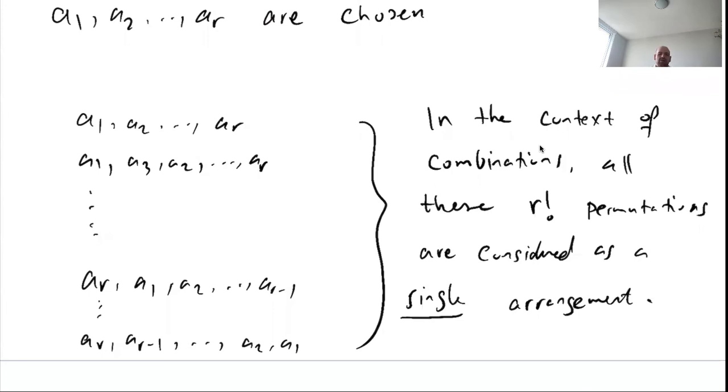But all of them have the same elements chosen, A1 to Ar, so in the context of combinations they are counted as a single arrangement, because in combinations we ignore the order. So then what is the connection? Every r factorial elements in permutations are counted as one element.